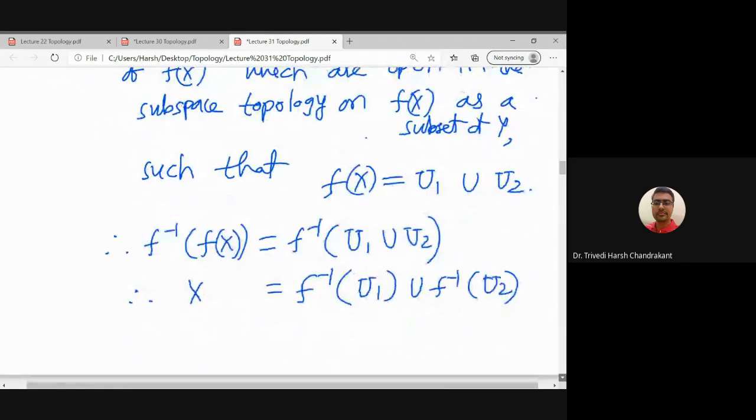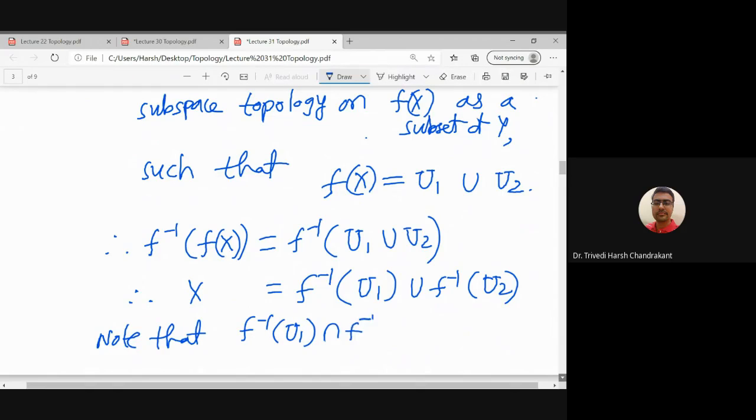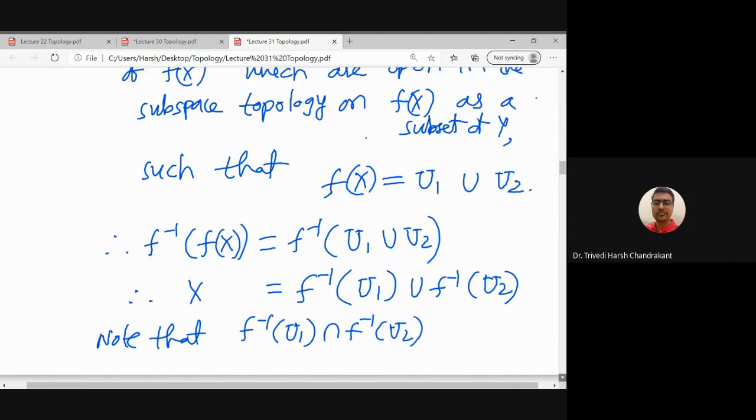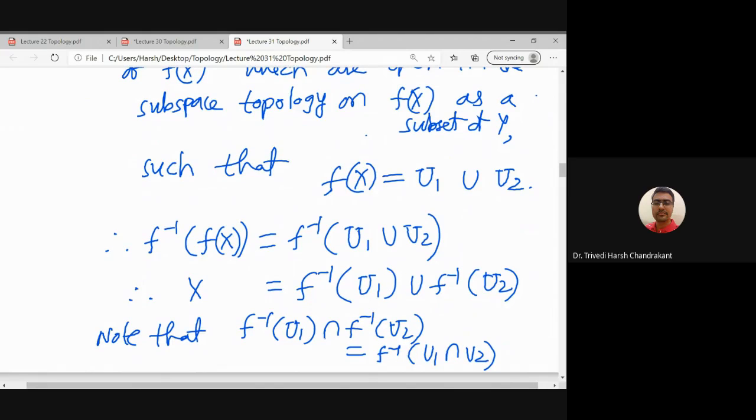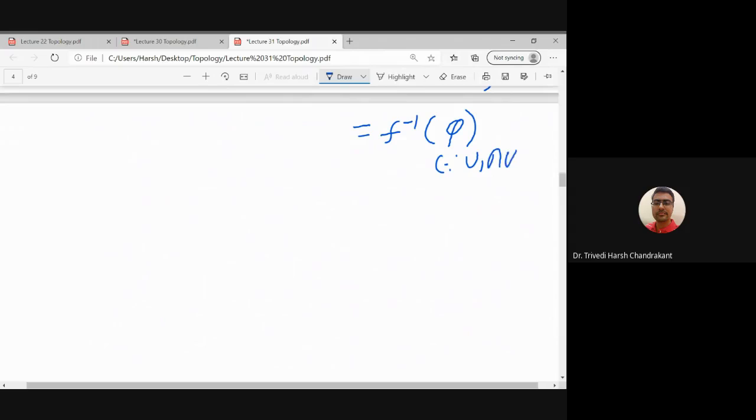So X is this, and note that f inverse U1 intersection f inverse U2 is f inverse of U1 intersection U2, and we know that U1 and U2 are disjoint, so this equals f inverse of the null set, because U1 intersection U2 is the null set.